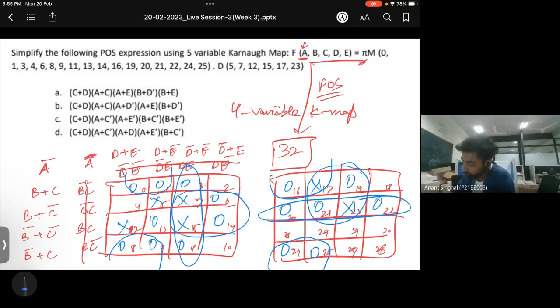Okay. So for this the solution will be this B and this is D.